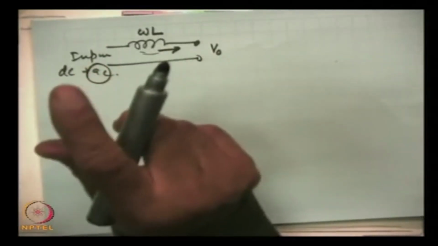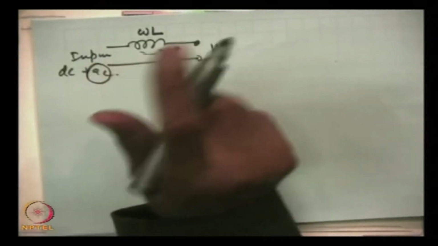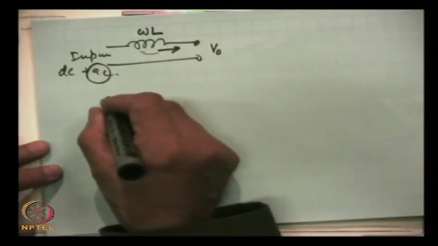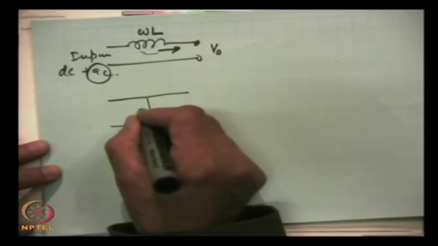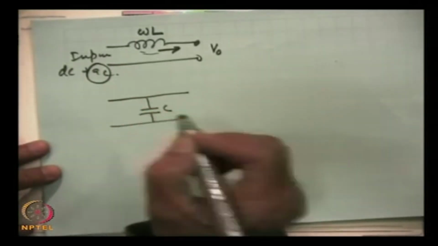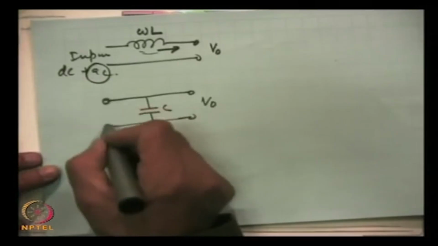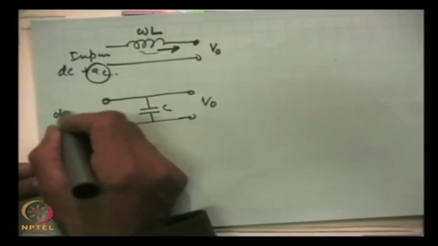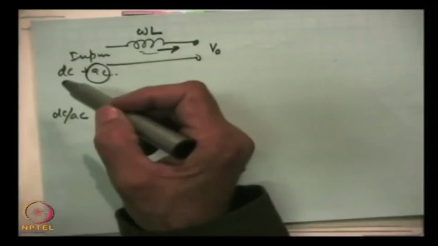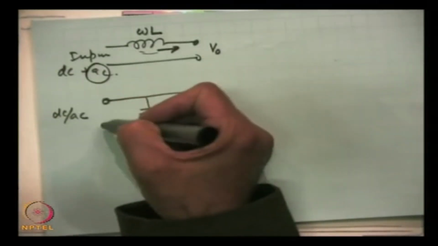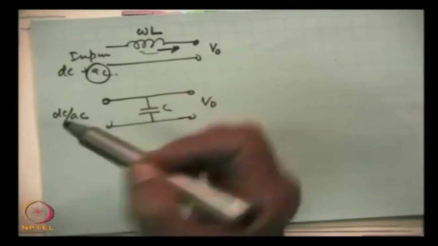Remember that the inductor filter is used in series, and similarly we can use a capacitor in shunt connection. Here is the V0, and this is again the same DC and AC. That means the rectified output is given as the input to this filter circuit.